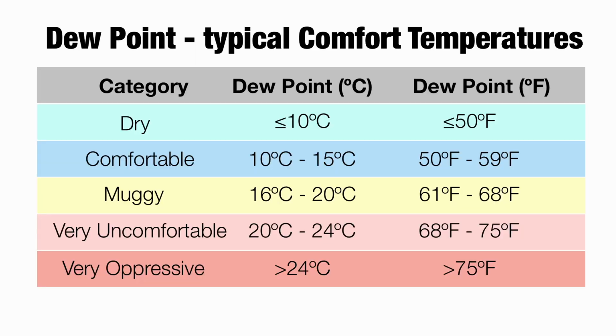So our ranges are: anything below 10 degrees Celsius is extremely comfortable. Between 10 and 16 is regarded as comfortable for everybody. From 16 to 20, it's starting to feel muggy, and above 21, it's unbearable. Okay. For most people. Right. Okay. So that's a given.